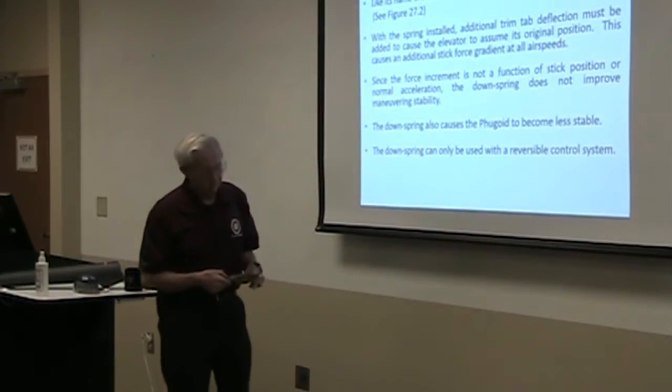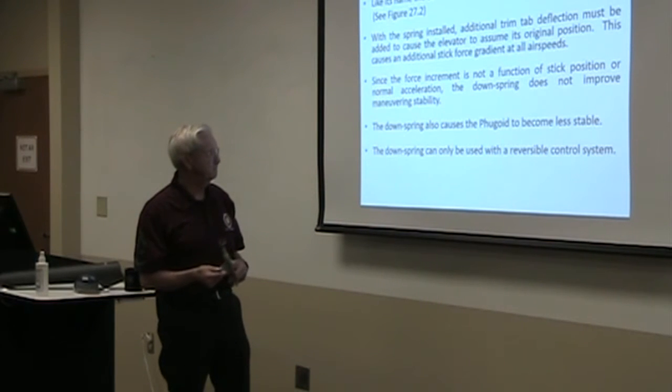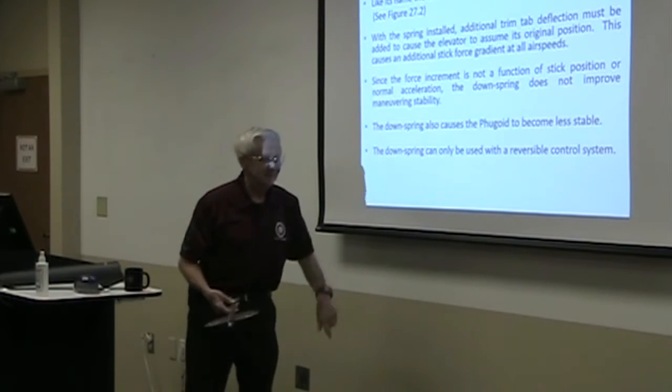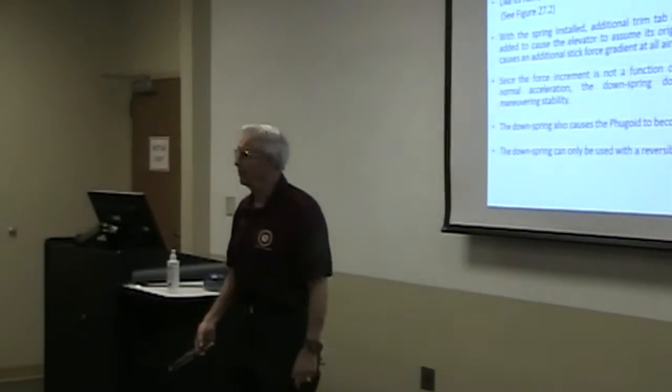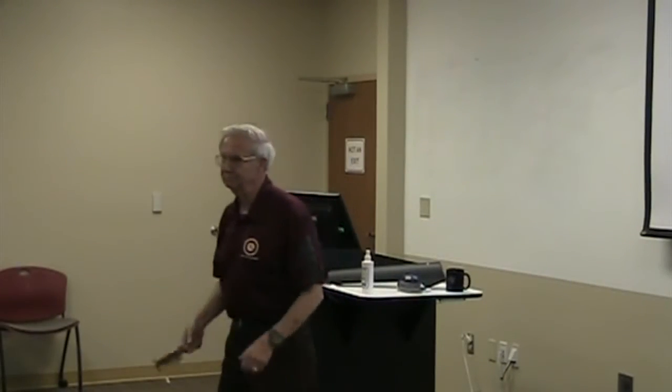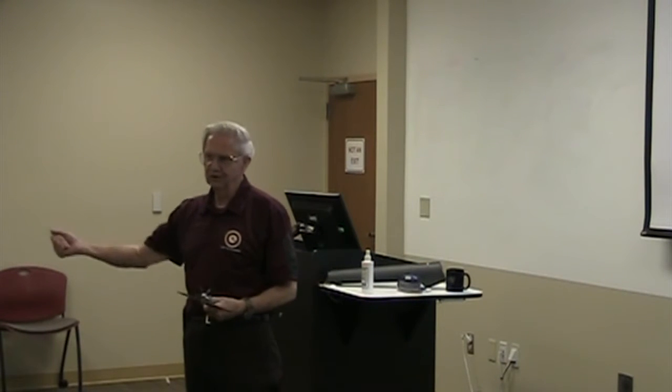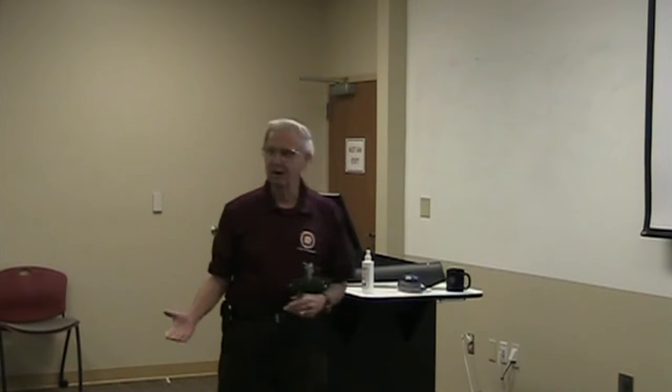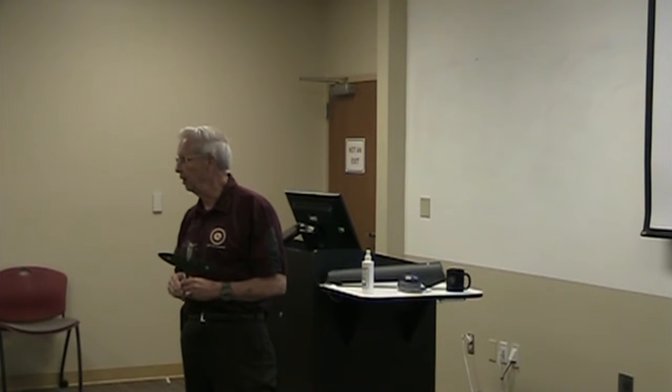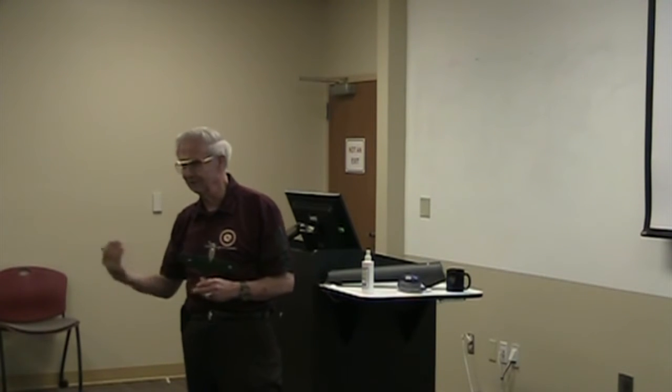So a downspring drives the phugoid towards instability. But it can only be used with a reversible control system. You just hook that spring to a down cable essentially, but you're probably going to have to add more nose down trim in order to counteract the force of the spring.